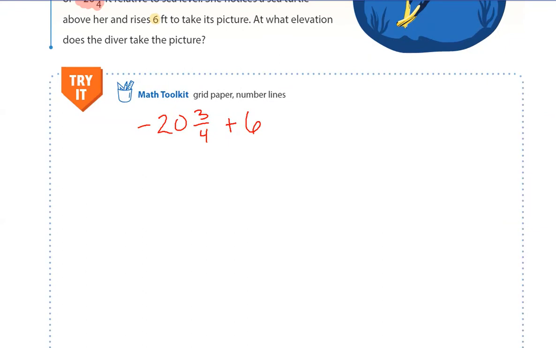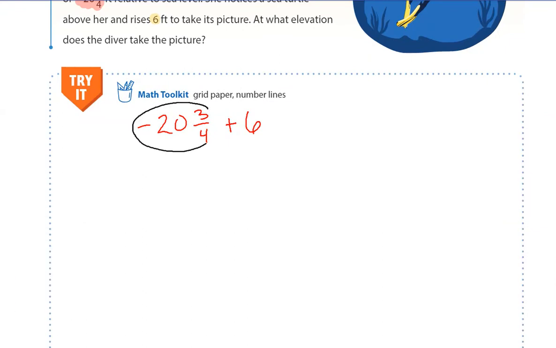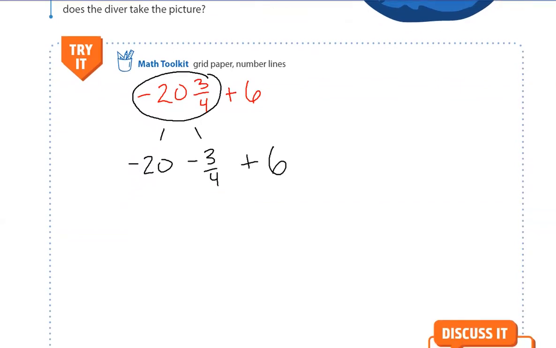I'm going to be a filthy cheater, and I'm going to decompose this negative 20 3/4 into a negative 20 and a negative 3/4. And then I'll have my positive 6 over here, because it's pretty easy to find the difference between 20 and 6.